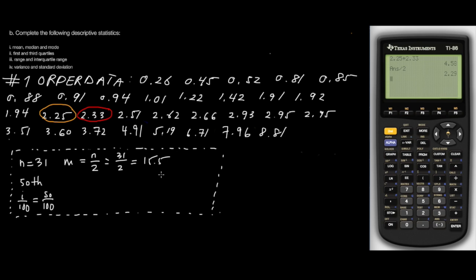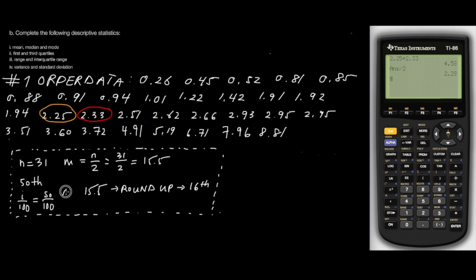Now, when we encounter an uneven number, so anything that has a decimal in it, whether it's 15.1, 0.2, 0.3, 0.4, most often it will be 0.5 because we'll always have integer sample sizes. What do we do in this case? Very simple. We know that the median's position is 15.5, so we will simply round up to the 16th position, and this value at the 16th position will be our median.